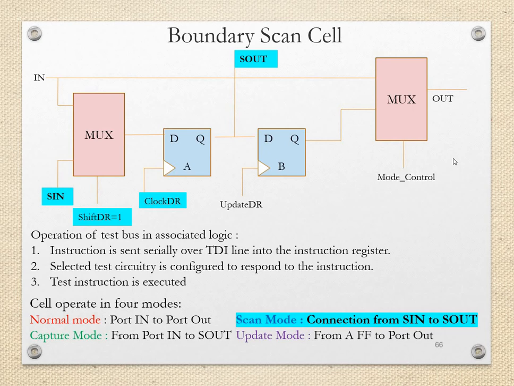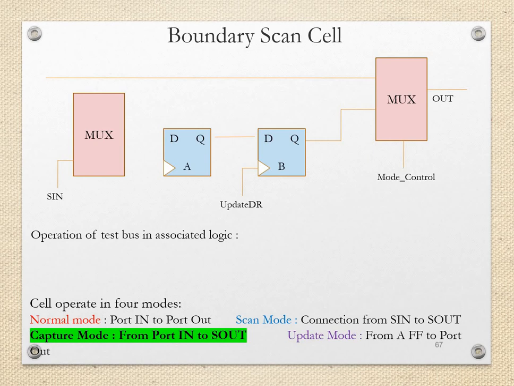Now we will go to the next mode of operation, that is the capture mode. The capture mode is shown with green color. In this capture mode, the signal is taken from port in and given to the S out. So from the external IO pin, from the external world, the signal will be taken and passed on to the S out, which is connected to the next boundary scan cell.